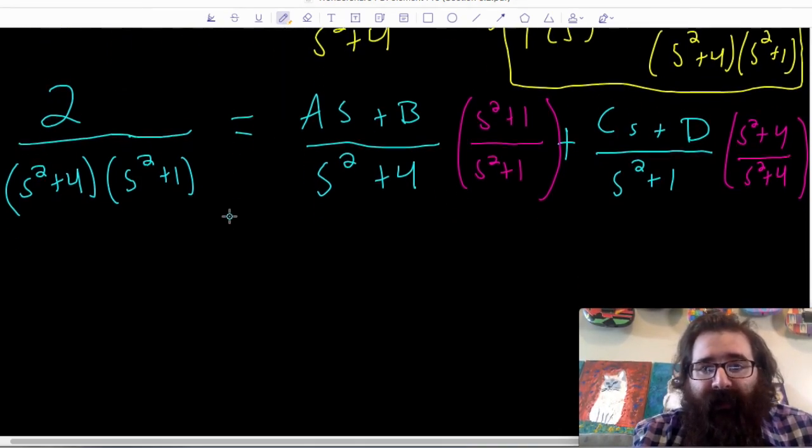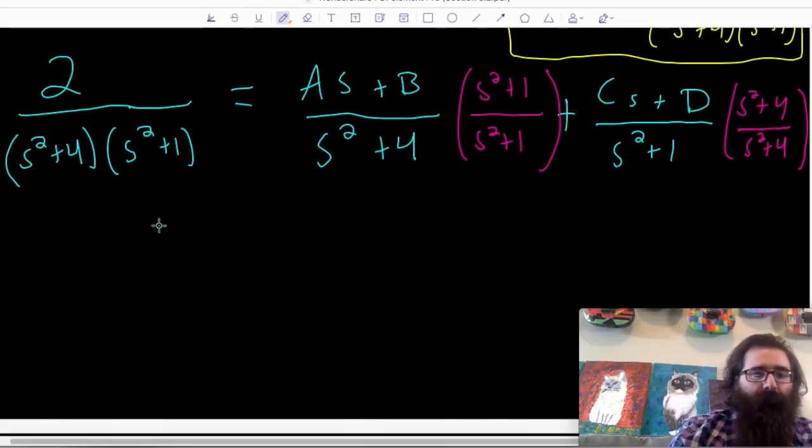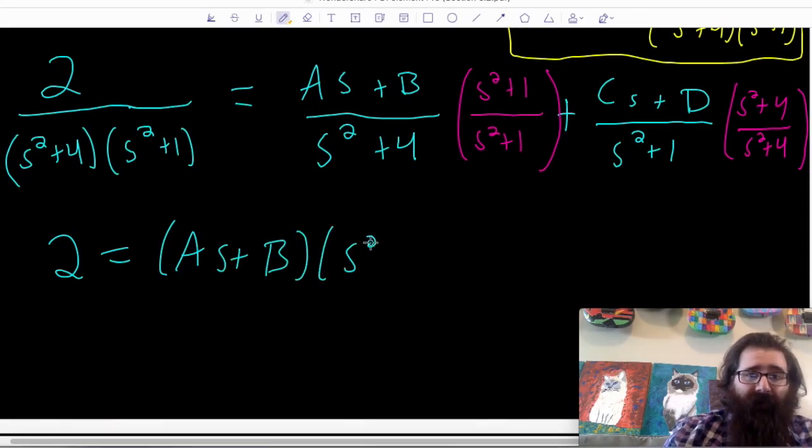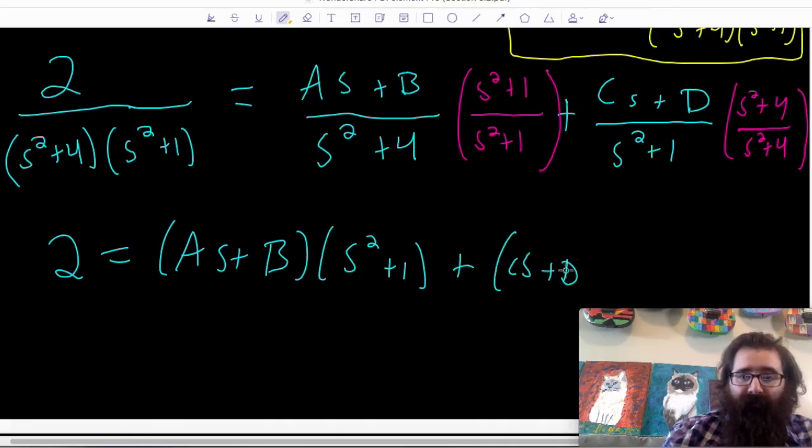So really, we're setting those numerators equal. So 2 is equal to (as plus b) times (s squared plus 1), use parentheses, plus (cs plus d) times (s squared plus 4).